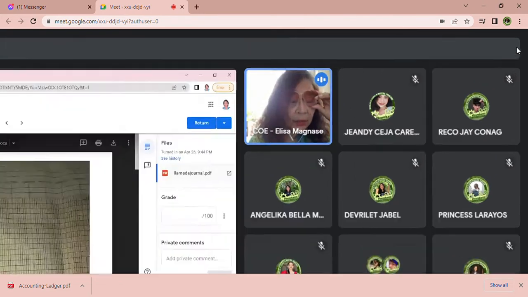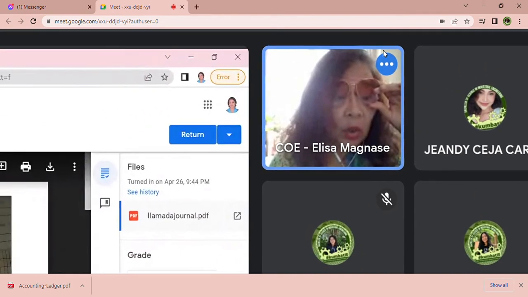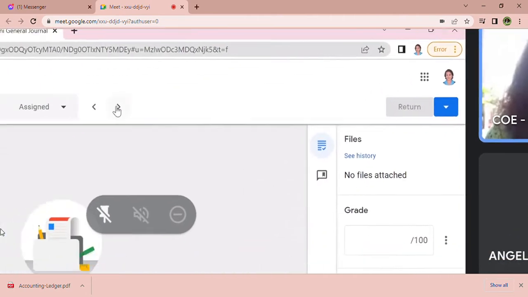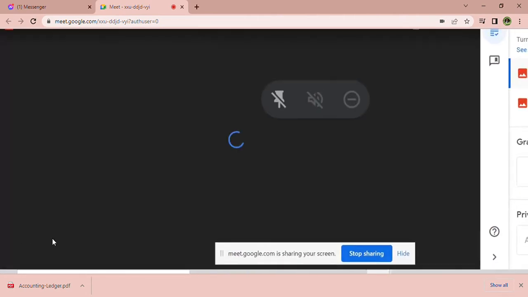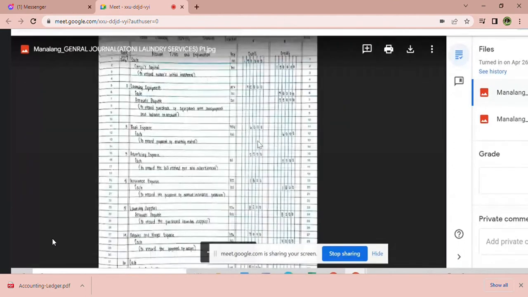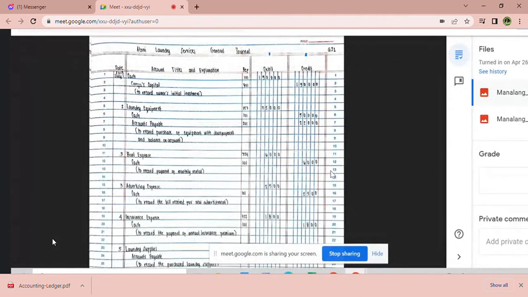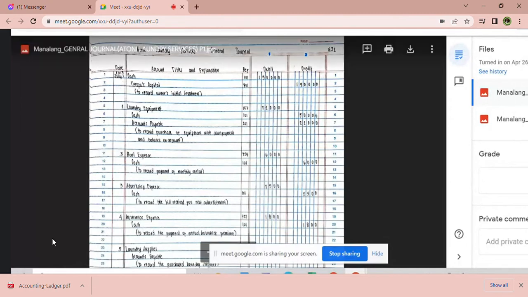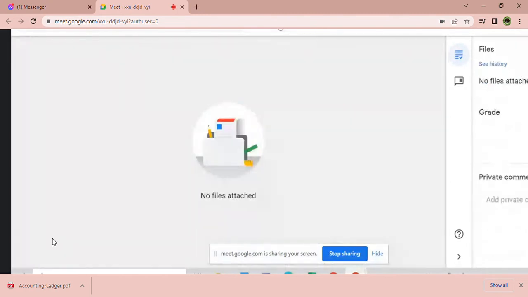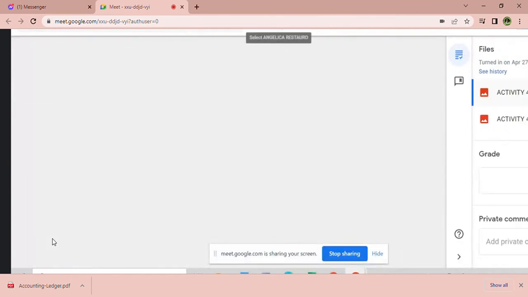Look at the visual clutter if we add more entries. Look here: we indented, we skipped one line, and we did not put DR or CR. So when we compare, it is easier to read. It is easier on the reader when this is the way we accomplish the journal.